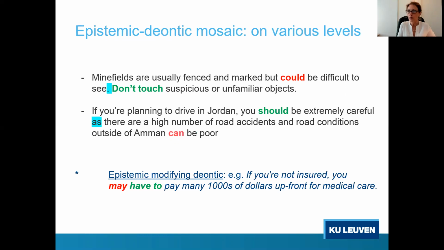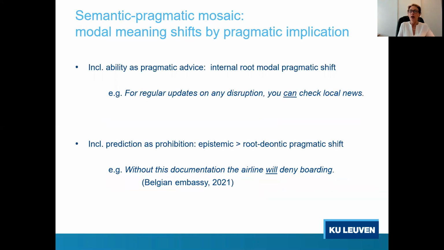I also found an example where we have the epistemic modifying the modal element here, which we discussed earlier. So for instance, "if you're not insured, you may have to pay many thousands of dollars upfront for medical care." In addition to the epistemic modal semantic relations, we also found that there are some semantic-pragmatic shifts.